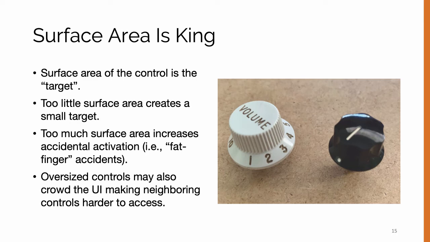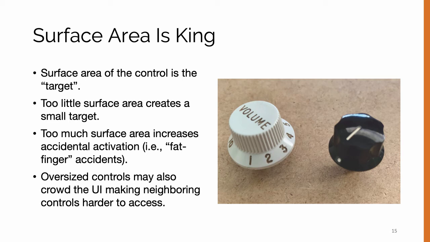It's important to recognize that if we want to really control something, surface area is pretty darn critical. The surface area of a control can really be thought of as the target. If you have too little surface area, well, that creates a pretty small target. If you have too much surface area, well, that increases the likelihood that you'll accidentally actuate something.